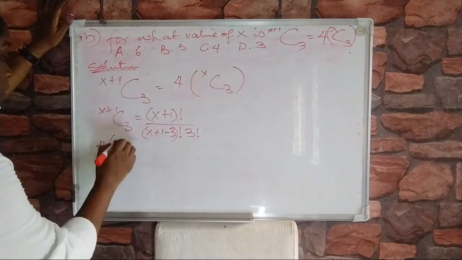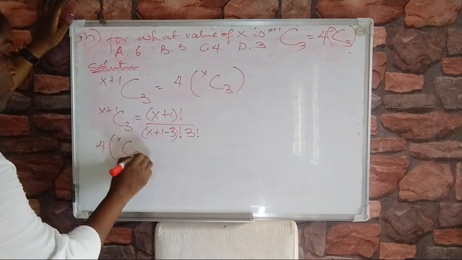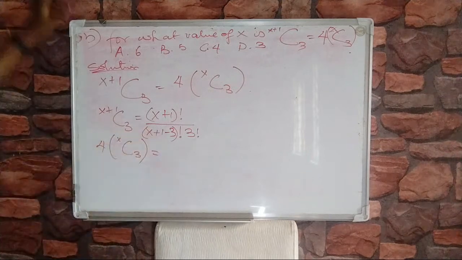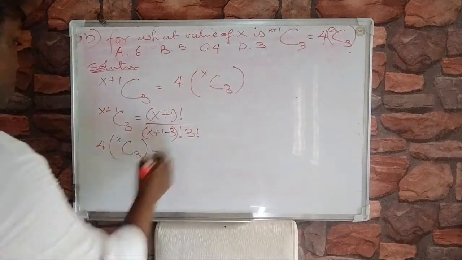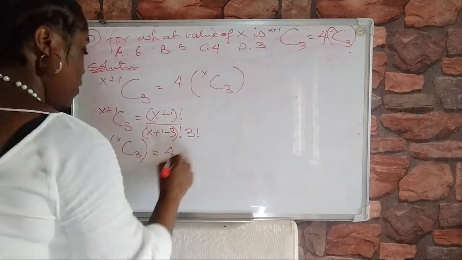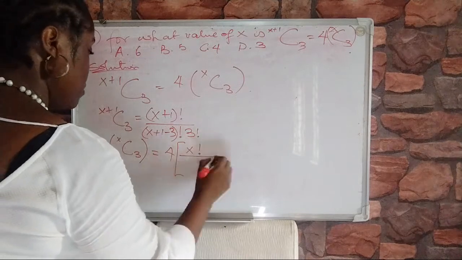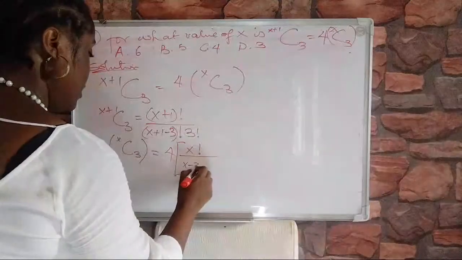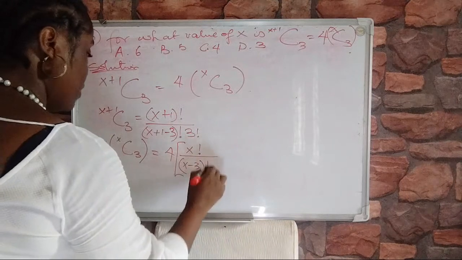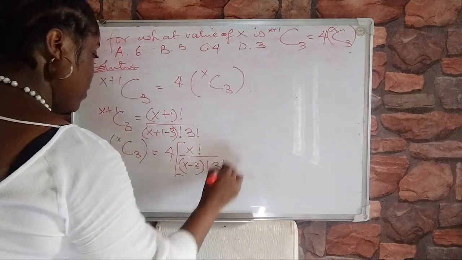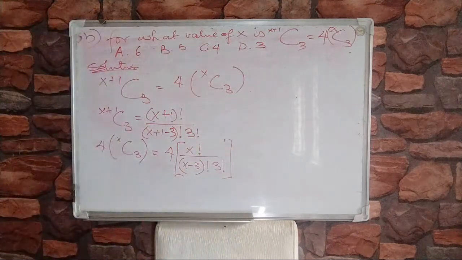Then we have 4 xC3. So that will give us 4 into bracket x factorial all over x minus 3 factorial times 3 factorial. All right?